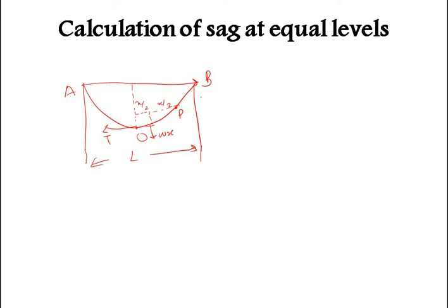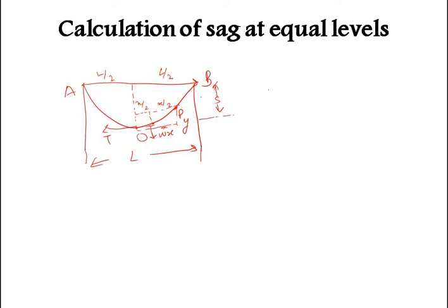This is the center point. So x by 2 and x by 2, the total distance is x, and the vertical distance is y. This is S, meaning sag. And this will be L by 2, L by 2.